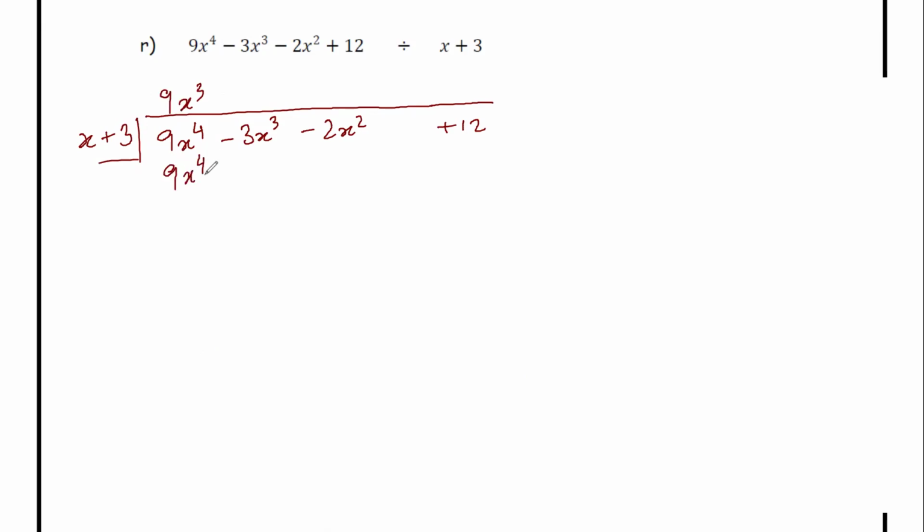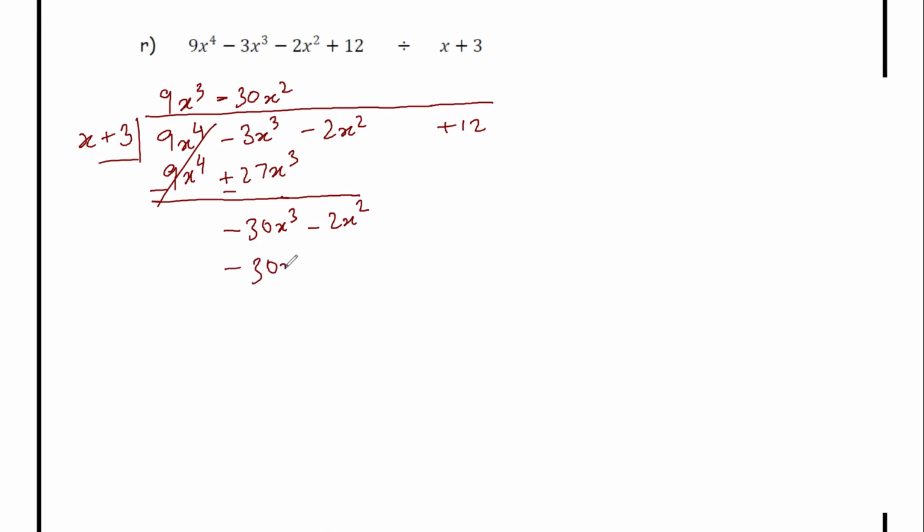So 9x to the power 4, and plus 3 into 9, 27x cubed. Change the sign. This cancels. You got minus 30x cubed. Bring down minus 2x squared.